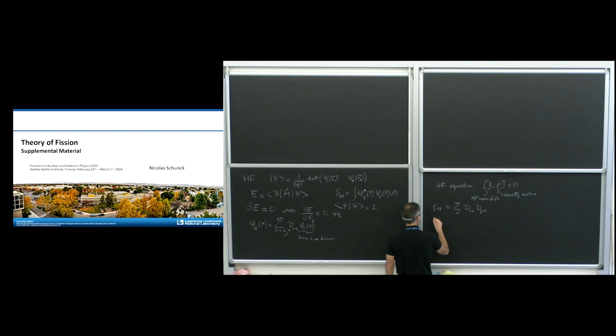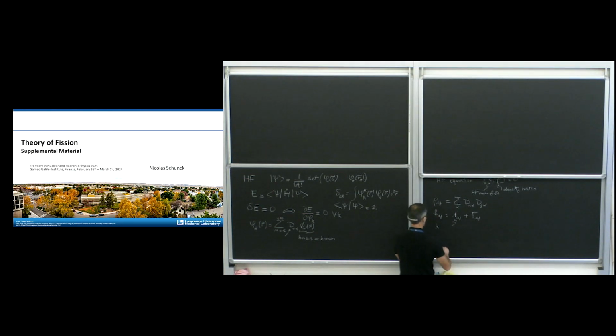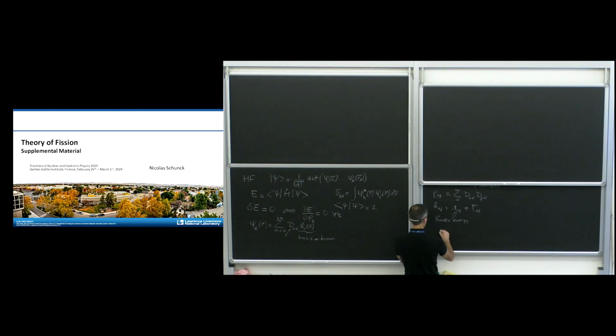The mean field is written like this, where this part is the kinetic energy. It is given by this quantity here.